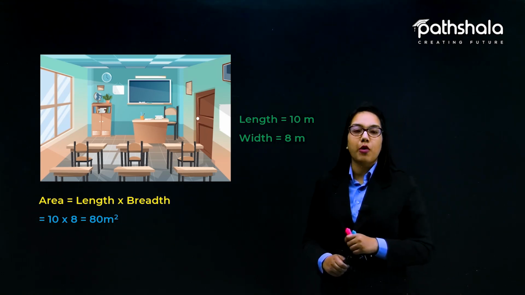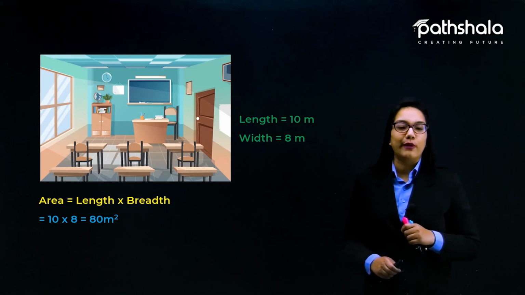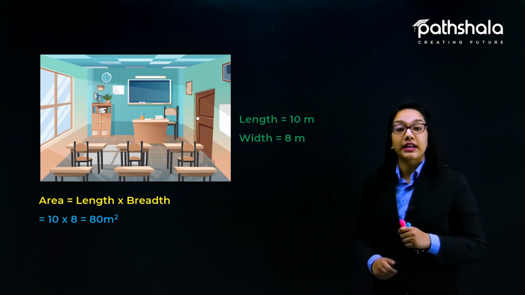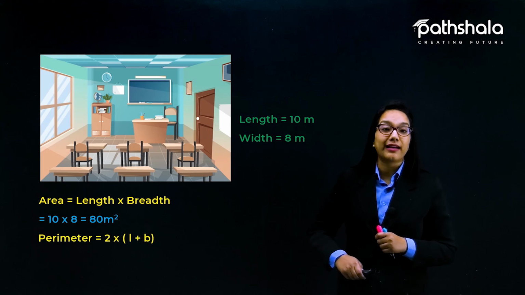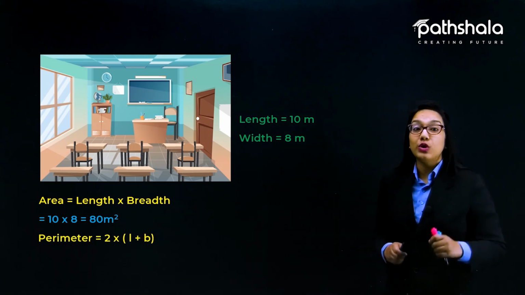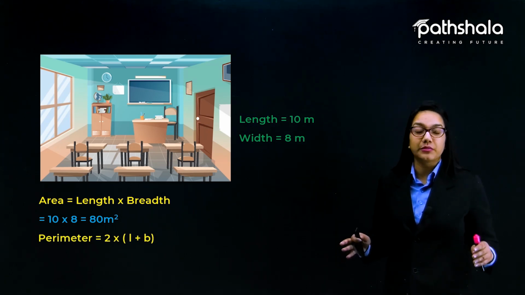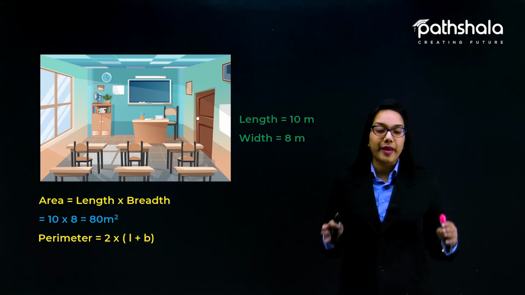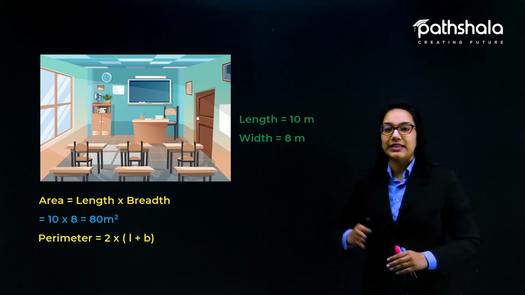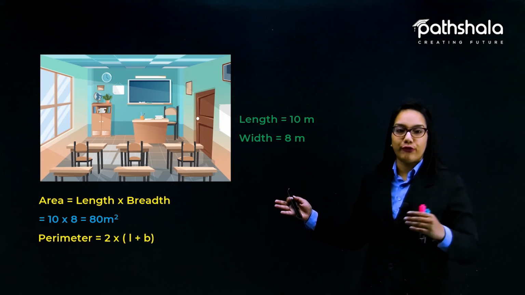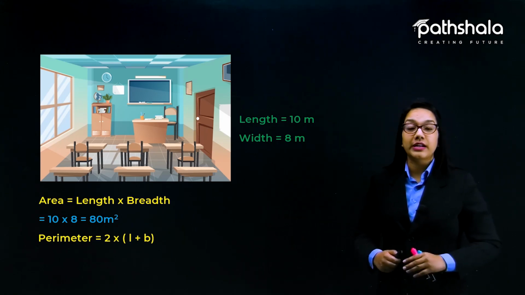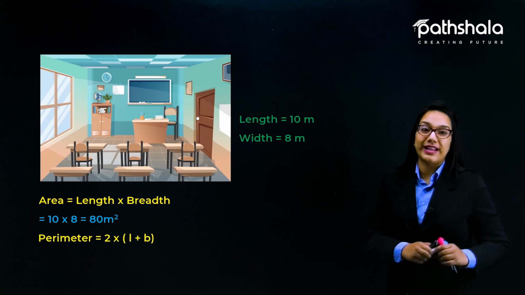Now let's talk about the perimeter of this rectangular floor. It is a rectangle, so the perimeter of a rectangle is 2 into length plus breadth. This is the formula to find the perimeter of a rectangle. As this is a rectangular floor, the perimeter is again 2 into length plus breadth.